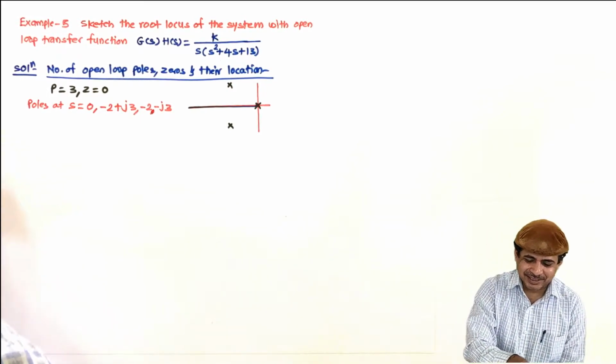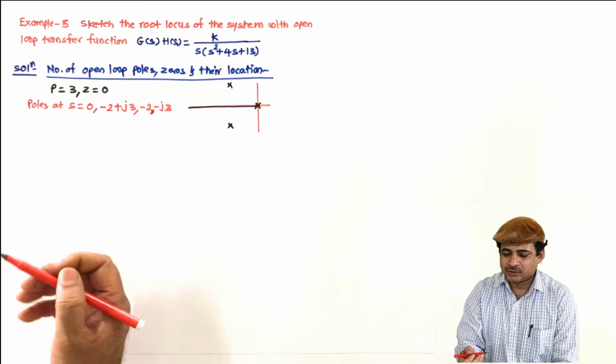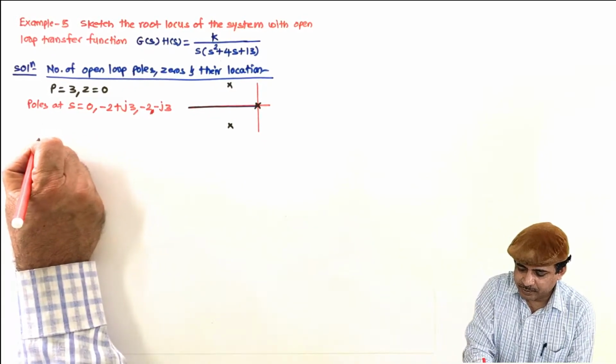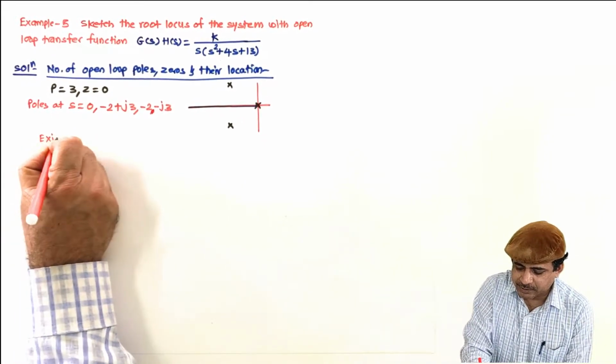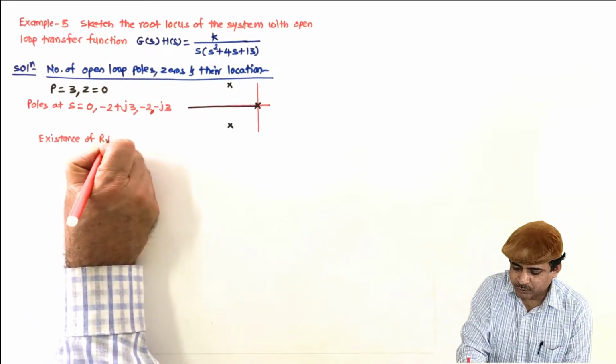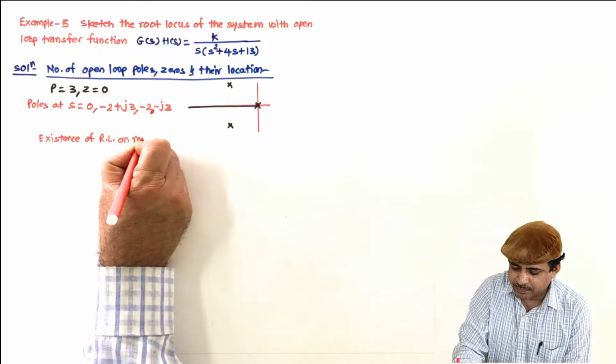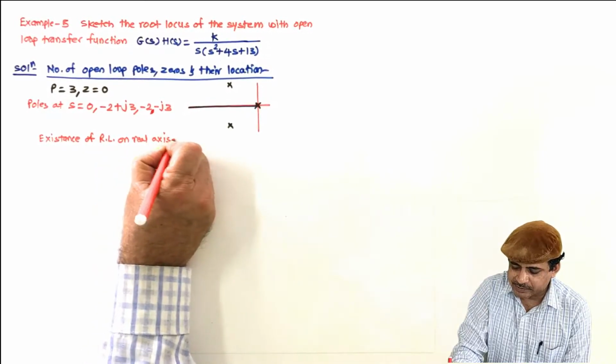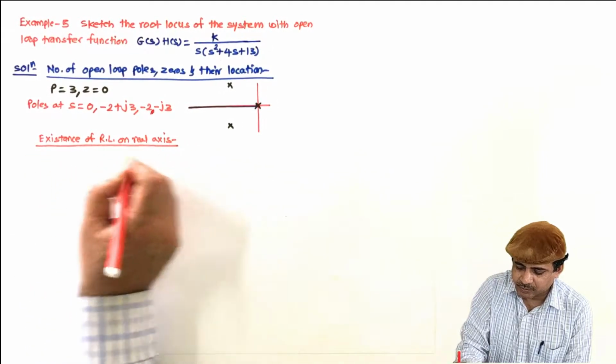But let us see how it happens. Existence of root locus on real axis. What we have?